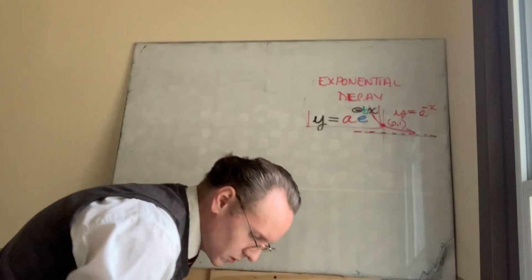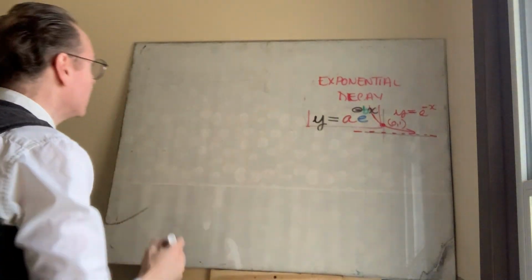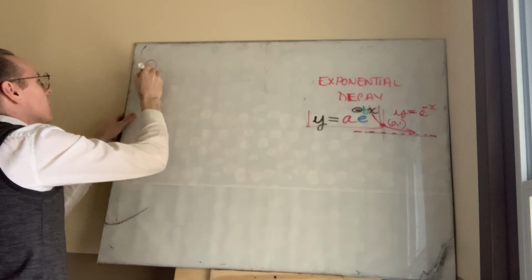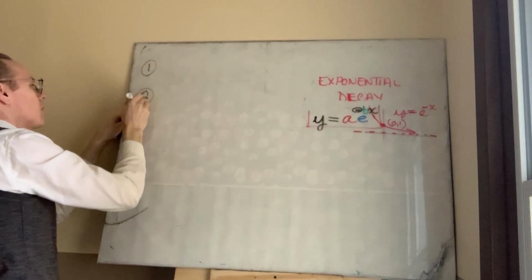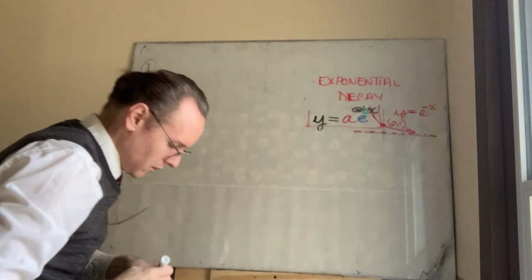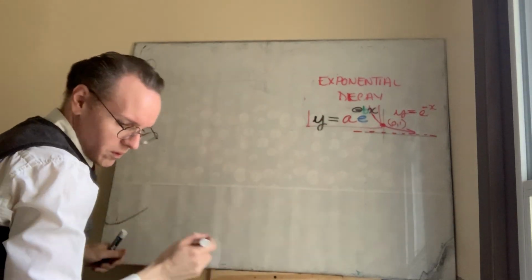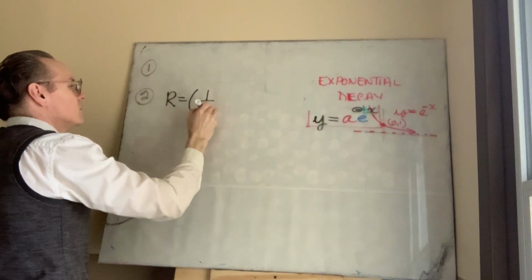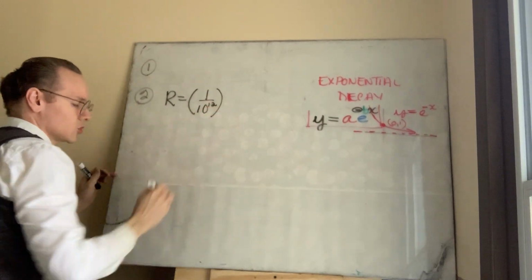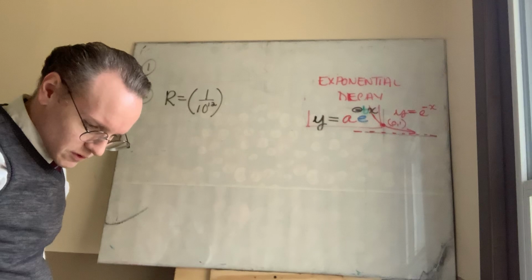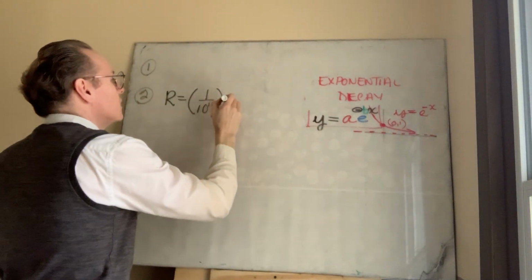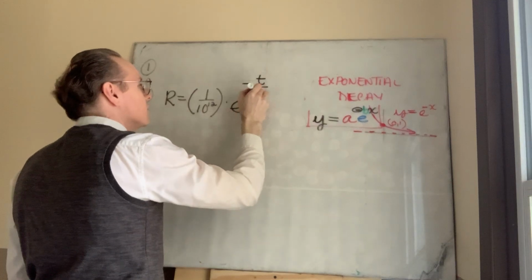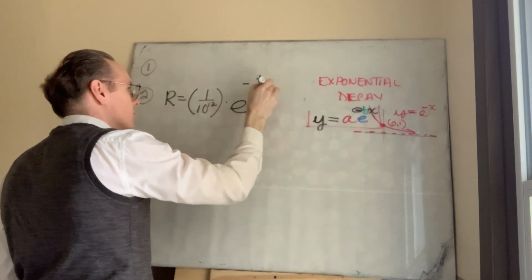This is the formula that you are given. R equals 1 over 10 to the 12th, that's 1 over 1,000,000,000,000, so a very minuscule amount, times e to the negative t over 8,223.